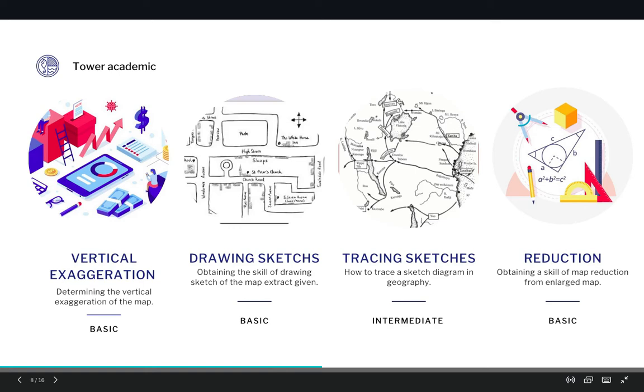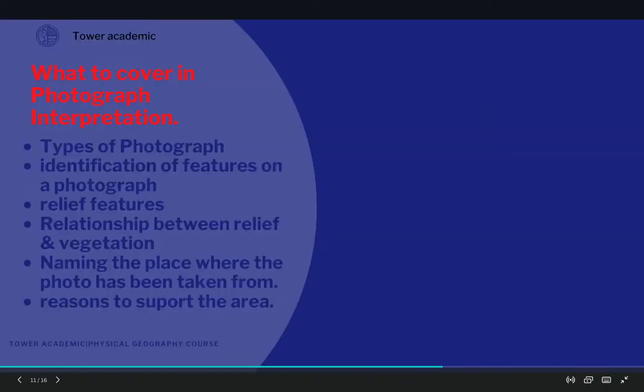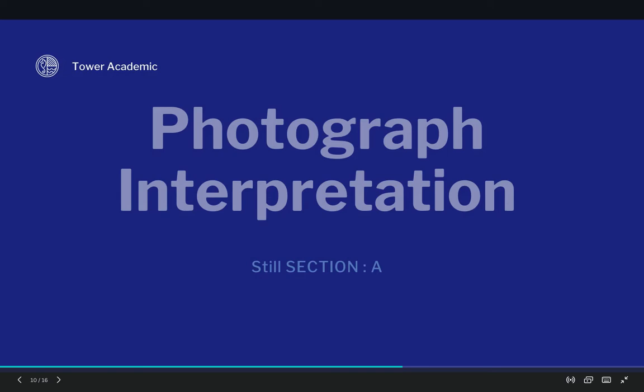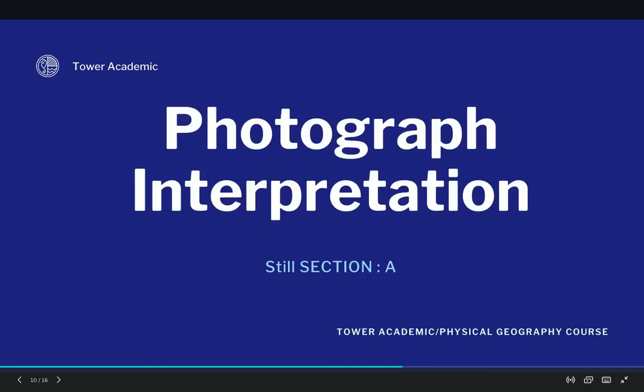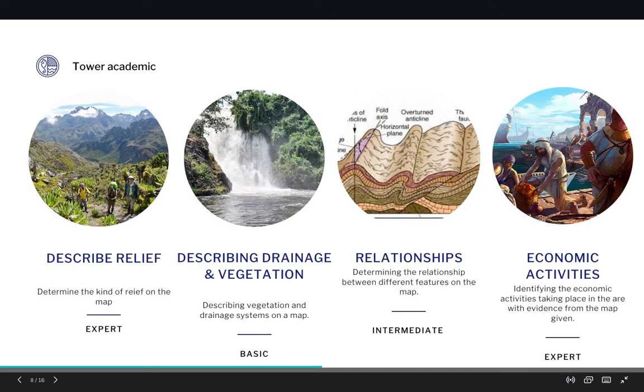The other aspect that we are going to look at is settlements. Now, when you look at settlements here, we shall be basically looking at how man is living on the earth. So we shall be looking at what is involved.